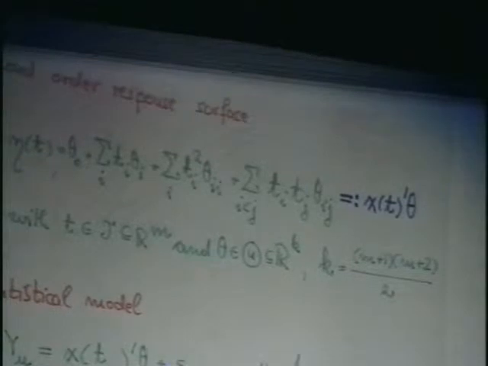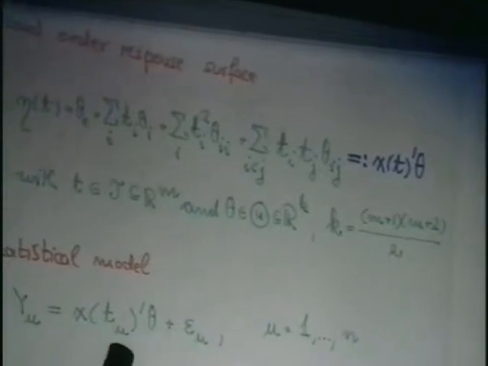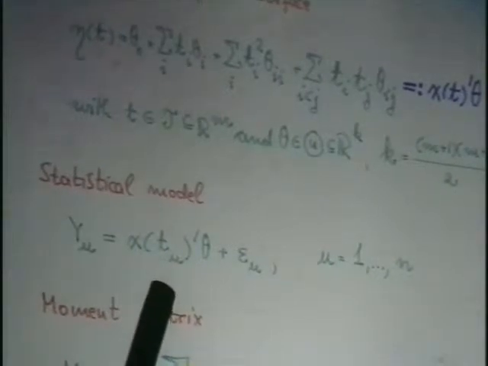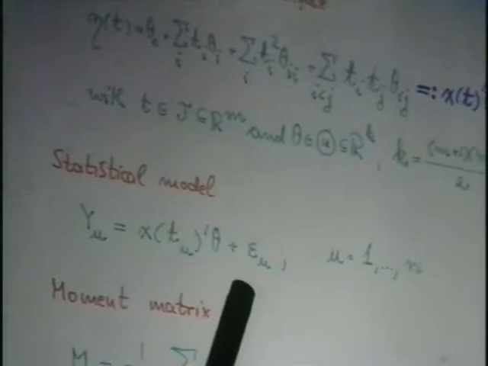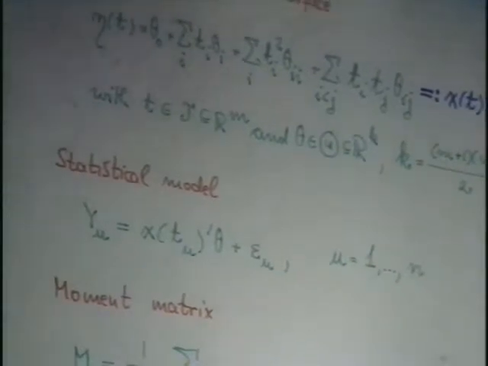And the parameters over here are gathered together in the vector theta, which is the unknown parameter vector for our model. Now the situation is such that for a particular experimental condition Tu, so that's each of these Tus is an m-dimensional vector, our observations have an additive error epsilon.